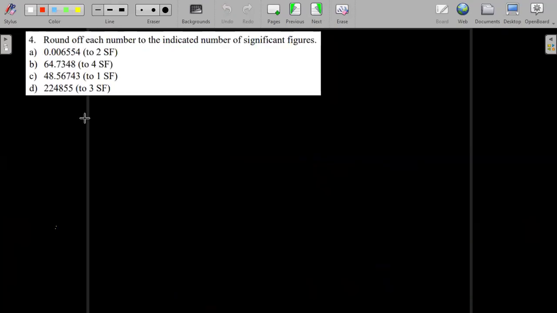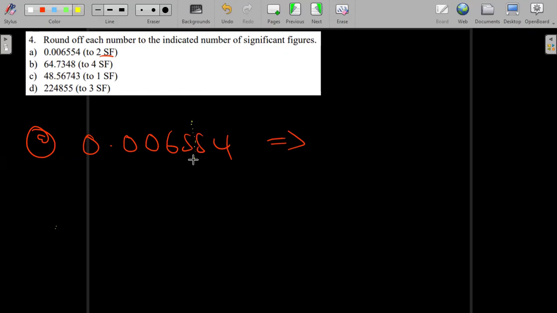Let's look at question 4. Okay, so question 4, we are rounding off to the indicated significant figures. The first one there is 0.006554. They want us to round off this number to 2 significant figures. So my rounding off is going to happen here.